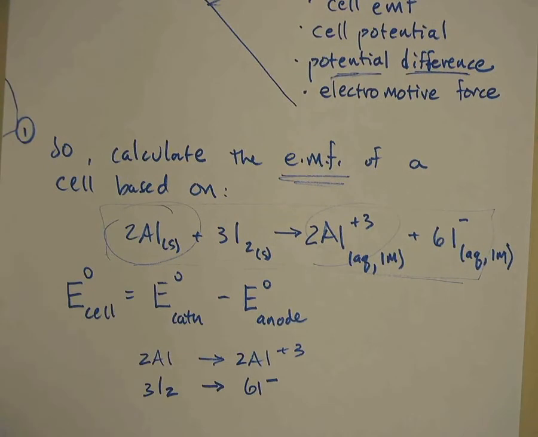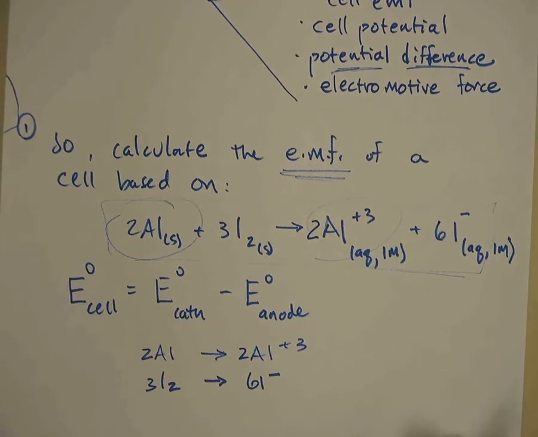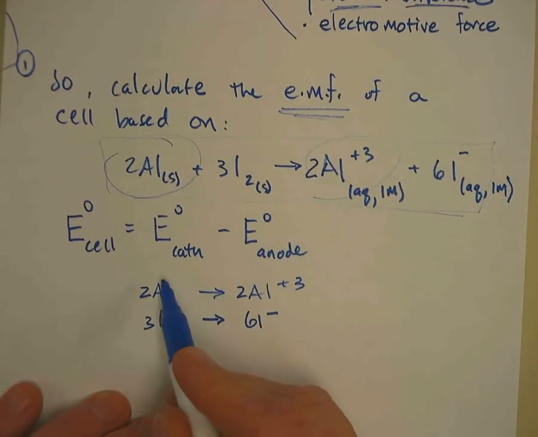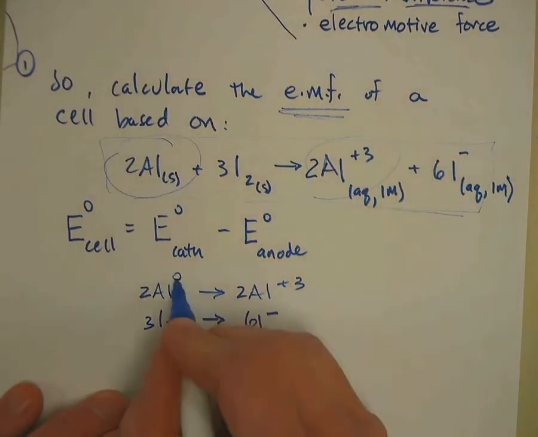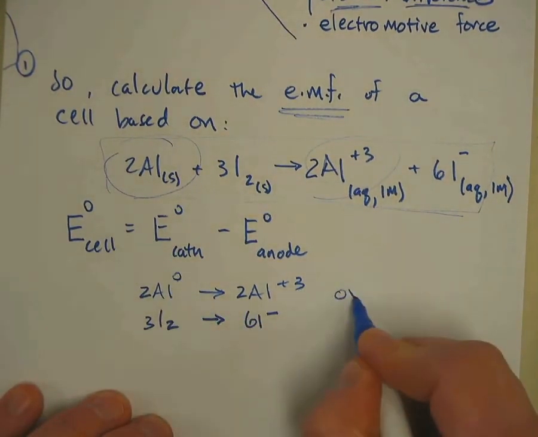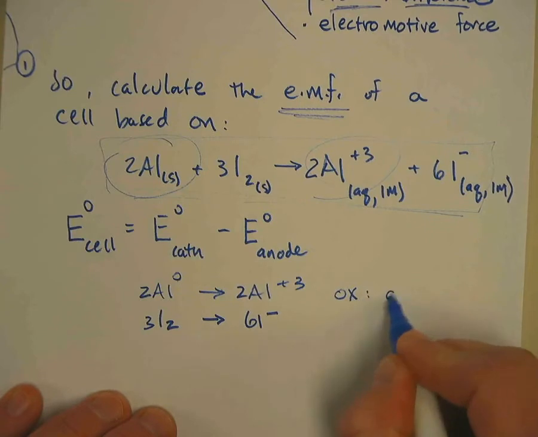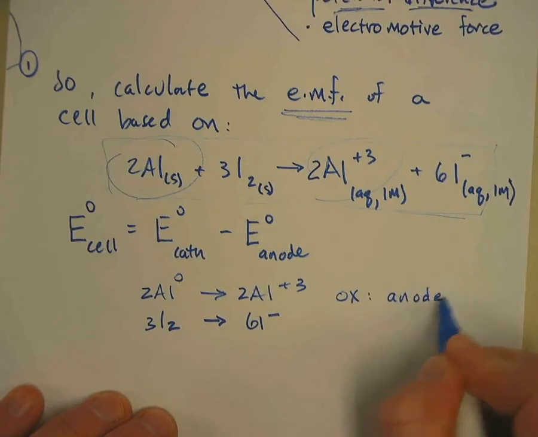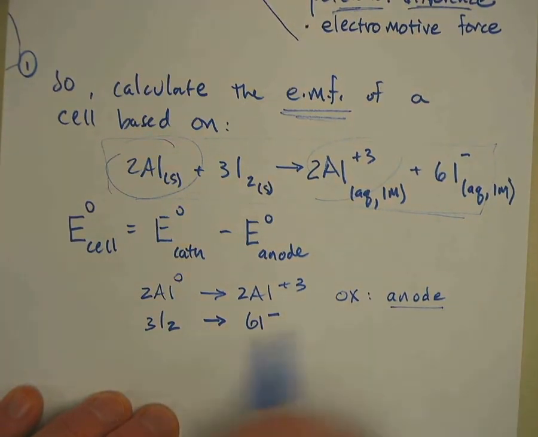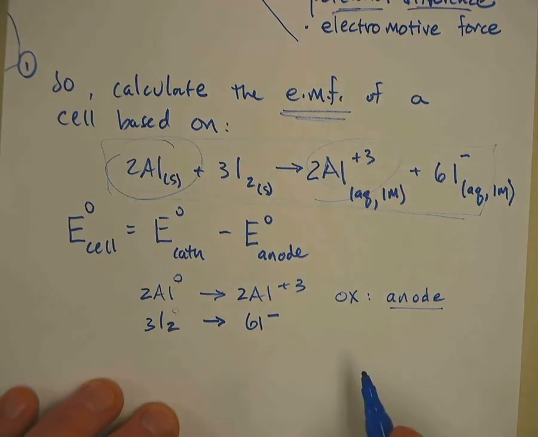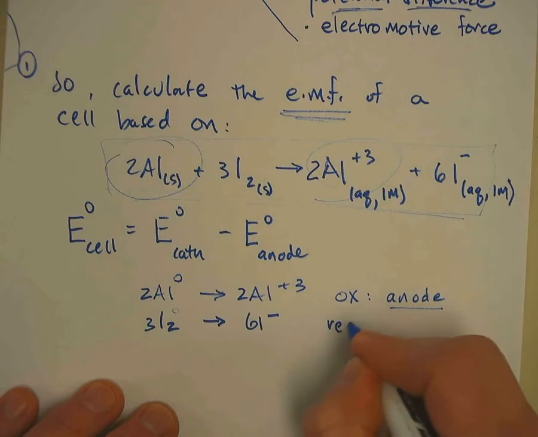But I need to decide which one's oxidized and which one's reduced, because that decides what the anode and the cathode are. Aluminum goes from 0 charge here to positive 3 here. This is called oxidation. And remember, oxidation is the anode. Iodine goes from 0 right here to negative 1, and so it goes down in charge. And so it's reduced.